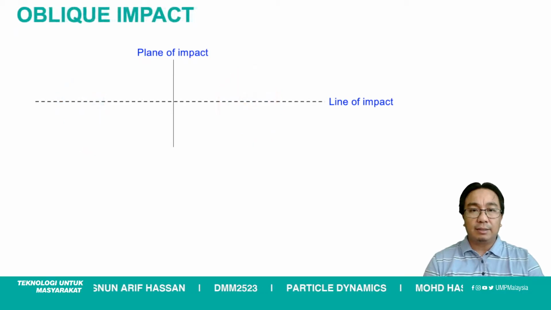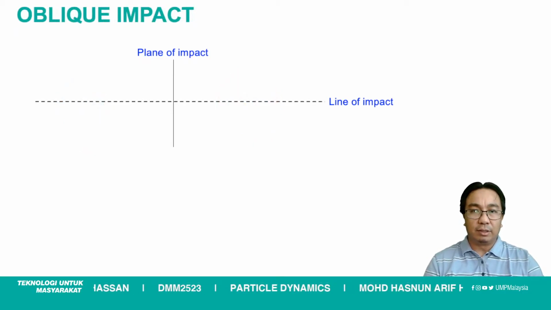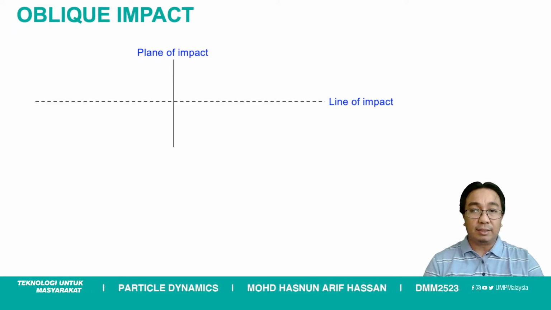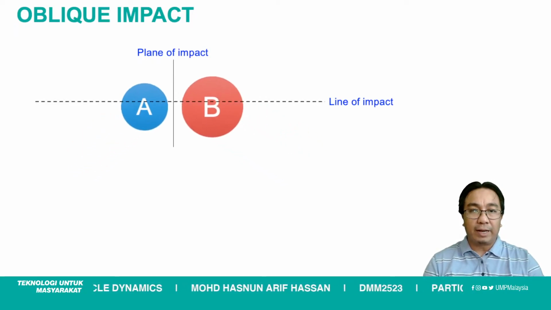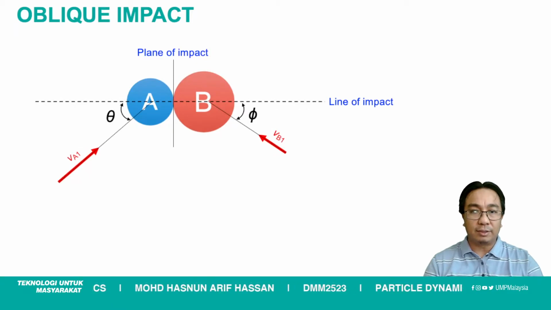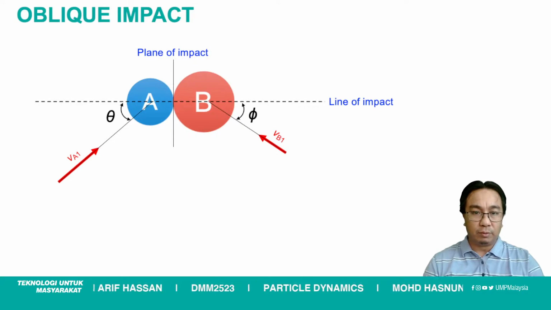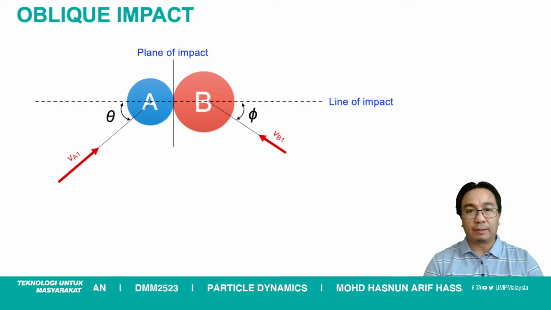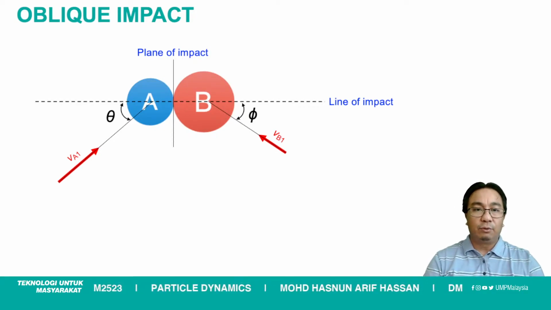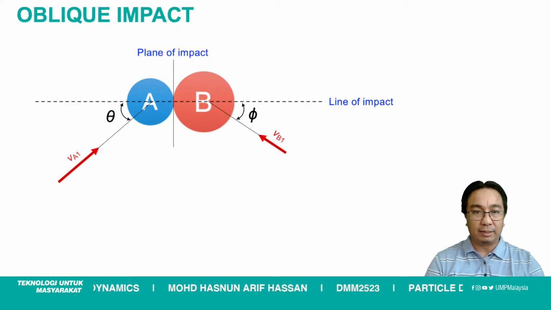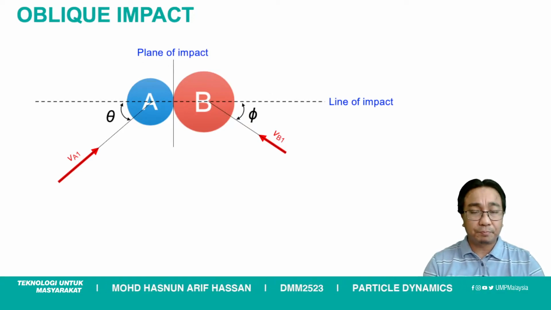The second type of impact is called the oblique impact, where the velocity is now coming at an angle. The velocity VA1 is acting at an angle theta, whereas VB1 is at an angle phi, for example, in this illustration.